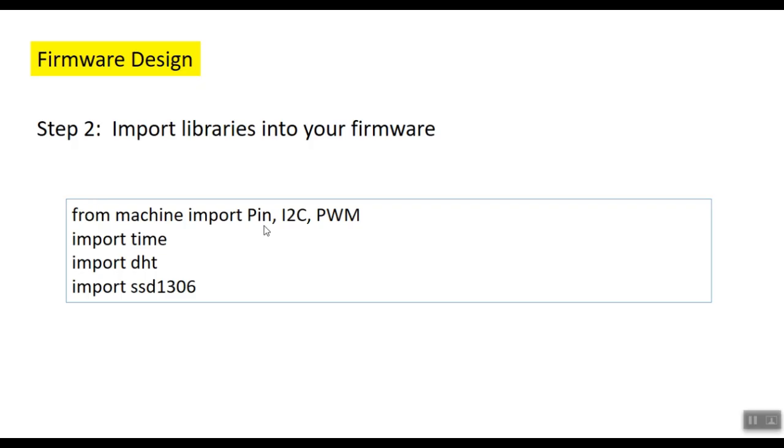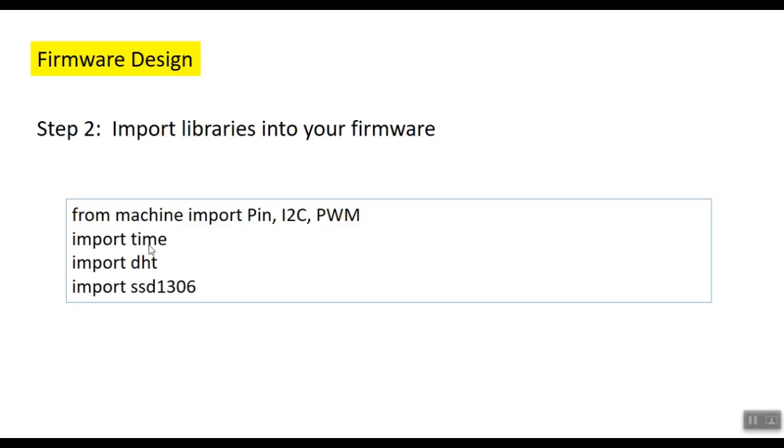So first we need the Pin module. We need the I2C. So the Pin module helps us control all the GPIO pins on our microcontroller. The I2C module helps us to communicate with our OLED because we are using the I2C protocol. And the PWM, which is pulse width modulation, helps us to generate our sound on our passive buzzer.